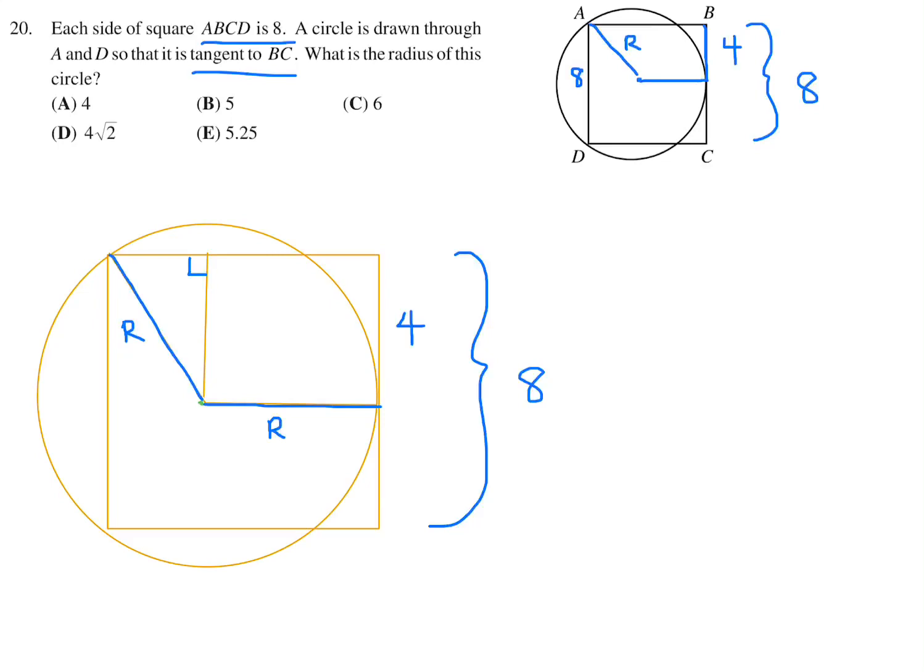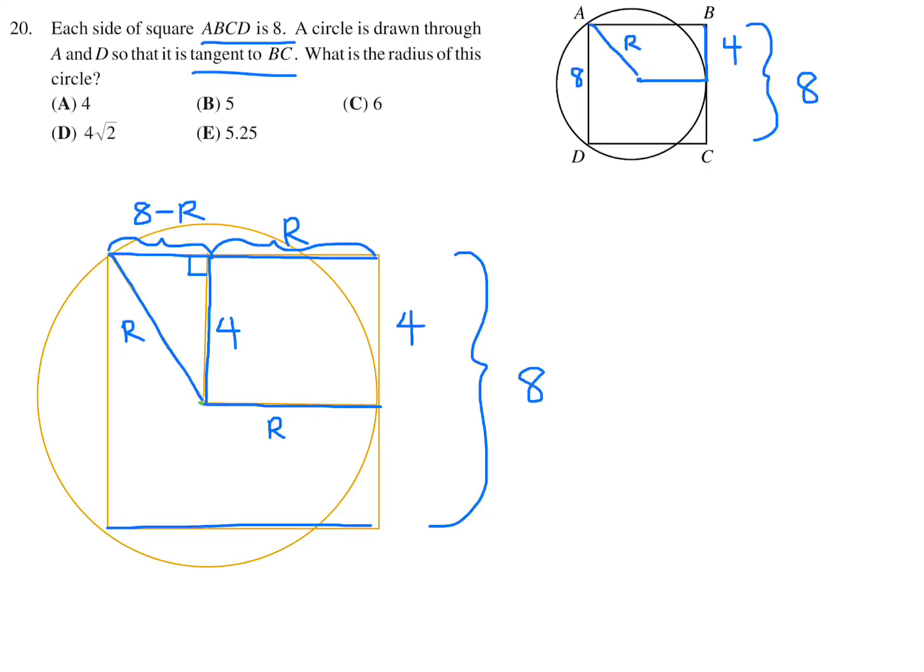All right? And therefore, this will be 4 from here to here. And we will call this, we'll have to label those. Up here is also R, from here to here. And therefore, this final part will be what? 8 minus r, because the full side is 8. Okay, so that is how we label this diagram.